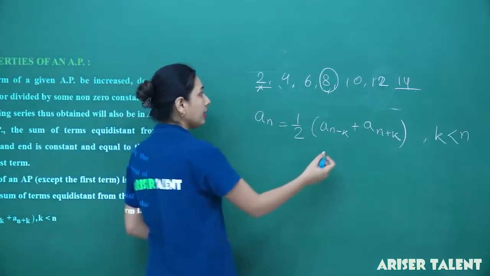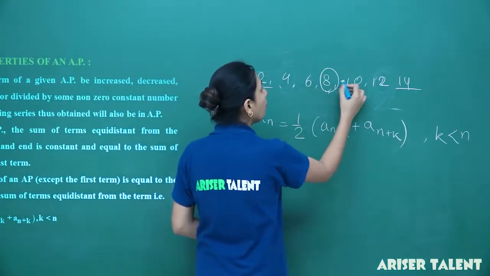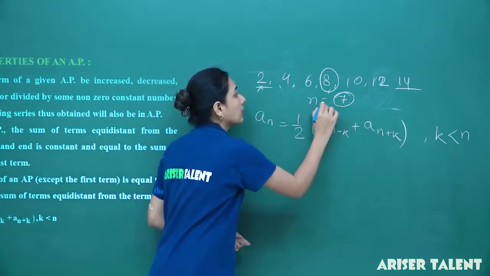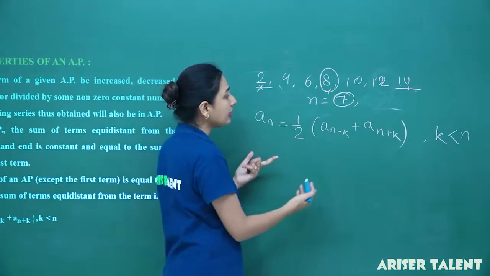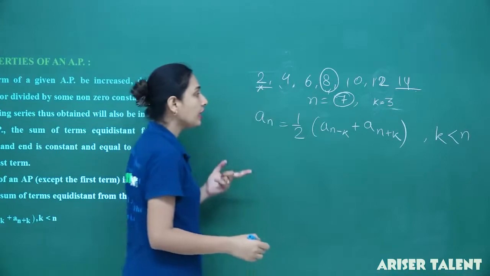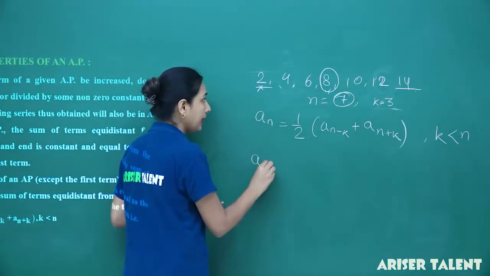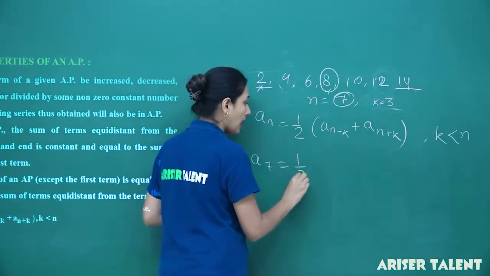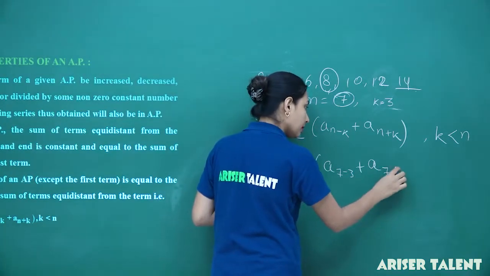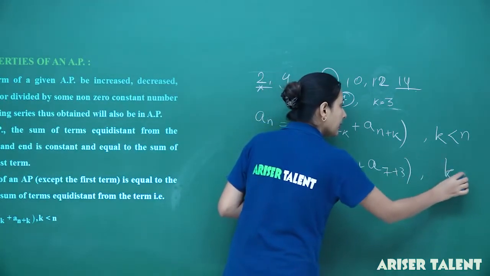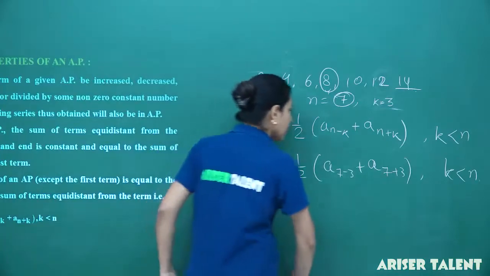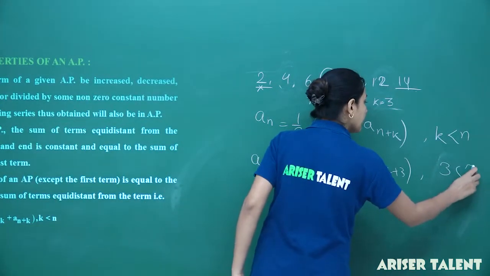Now I am putting n, in this case 1, 2, 3, 4, 5, 6, 7. 7 is my n. And k, let it be the third term, k equals 3. Now if k equals 3, a7 will be equal to half of (a7 minus 3 plus a7 plus 3), and k is less than n here, that is 3 is less than 7.